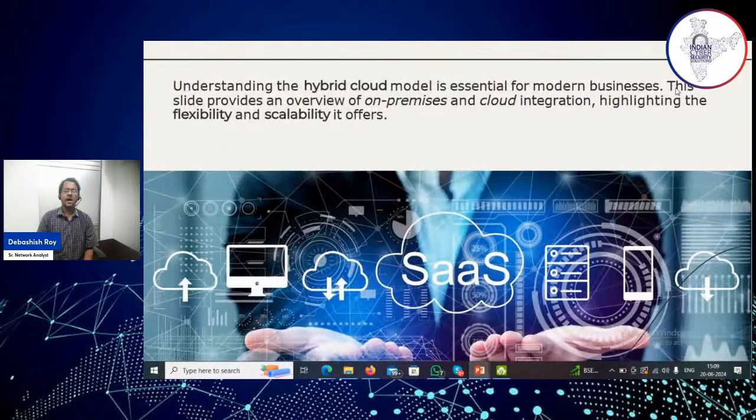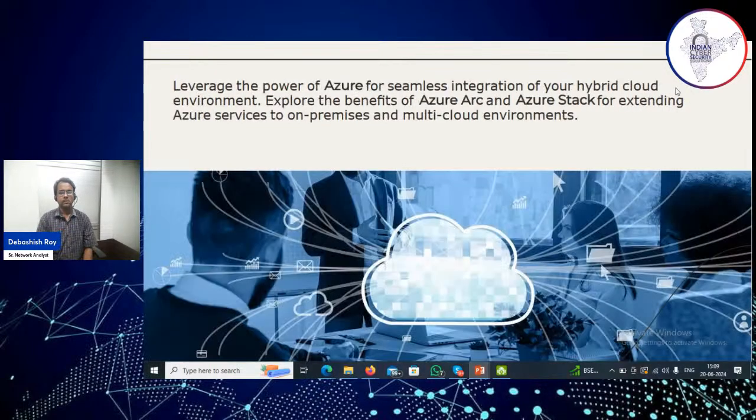You have to understand the hybrid cloud model as it is very essential for modern businesses. It provides an overview of on premise and cloud integration, highlighting the flexibility and scalability it offers. Flexibility means that you can opt for any cloud solution anytime, and scalability means you can scale your resources, like the auto scaling feature that is there in Azure or AWS or any cloud.